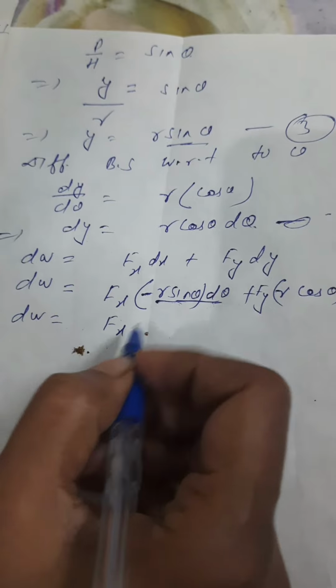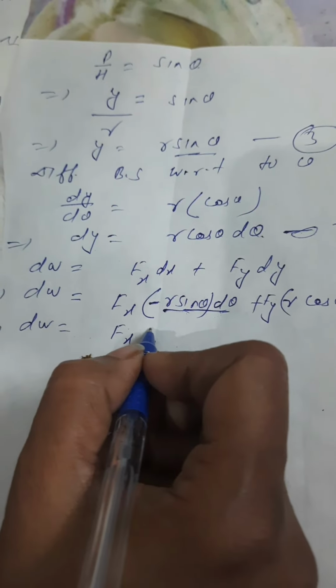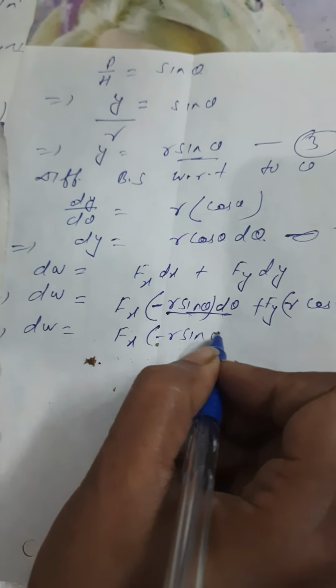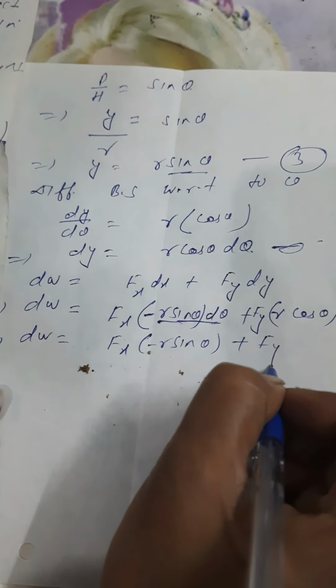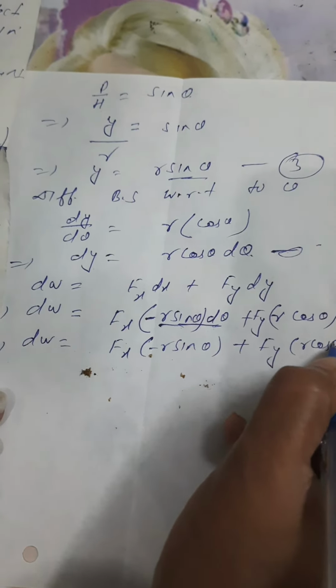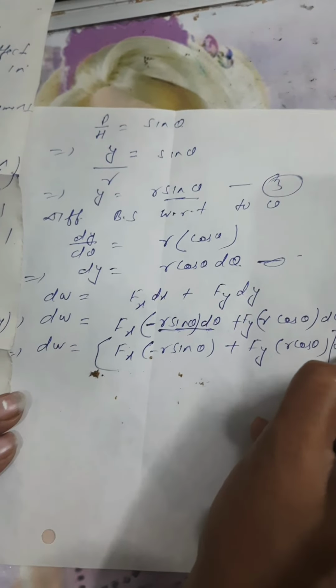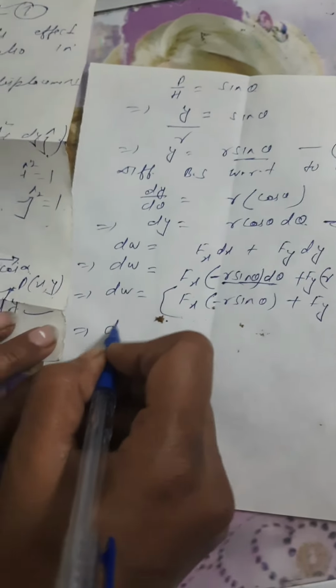From here, fx into minus r sin theta, and plus fy r cos theta. We will take d theta common here.